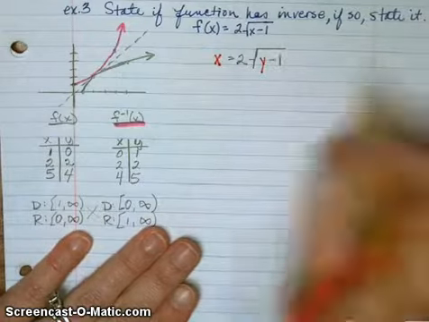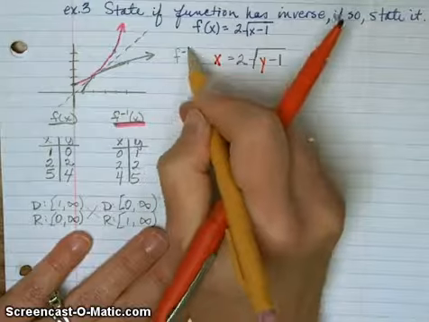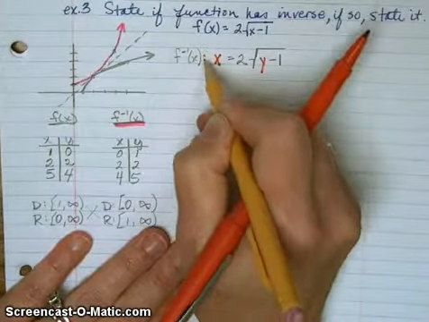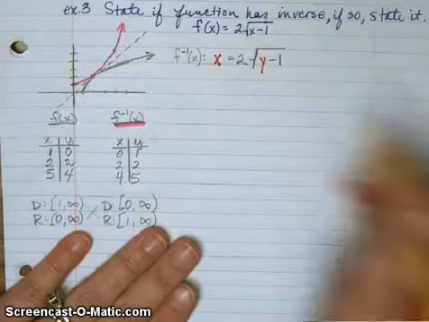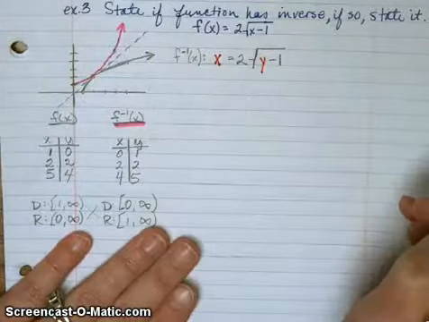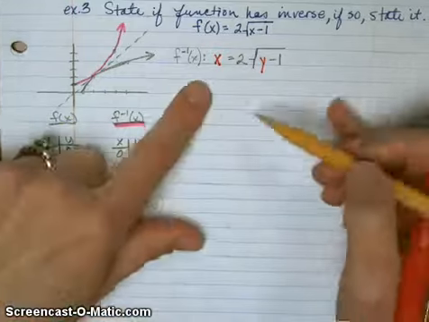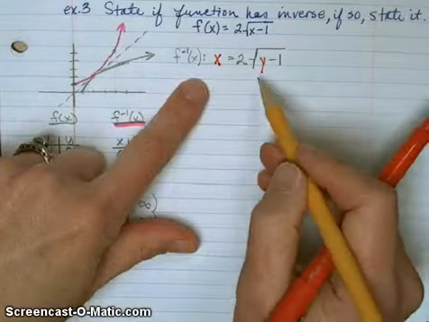That's how we're going to get the inverse. We denote it with f to the negative 1. That's not meaning a negative 1 exponent. That doesn't mean flip it and make a reciprocal. That's not what we're doing, but that does mean you can get the inverse.